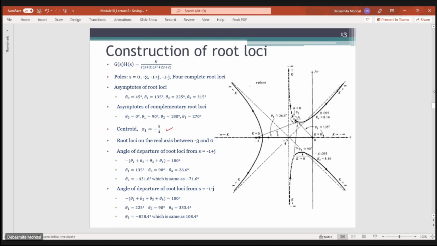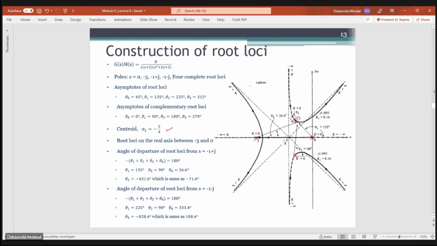Here in this case you have one pole at 0, one pole at minus 3, another here, another here, and we do not have any zeros. For this portion of the real axis, there is a single pole on the right hand side of it. That is an odd number, so this portion will be a part of the root locus.